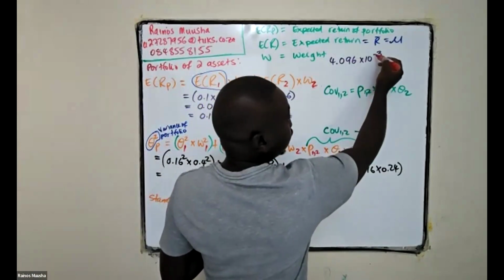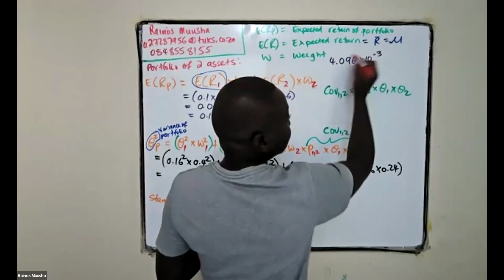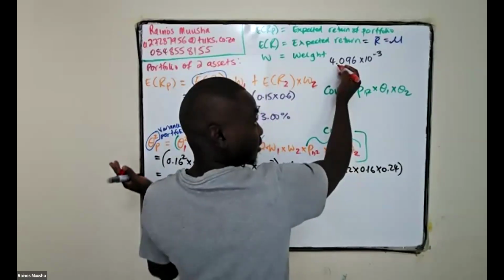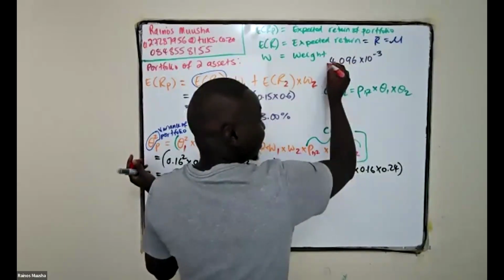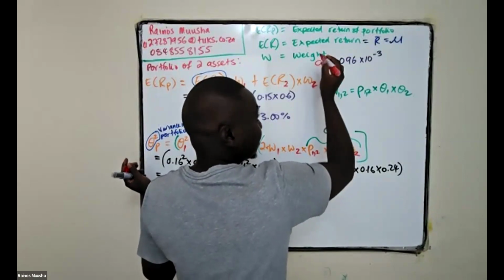If it's 10 to the power of minus 3, on your Casio calculator, what it means is that you need to move 3 decimal places from the current decimal place to the left. So you are going to move 1 decimal place, 2 decimal places, 3 decimal places.